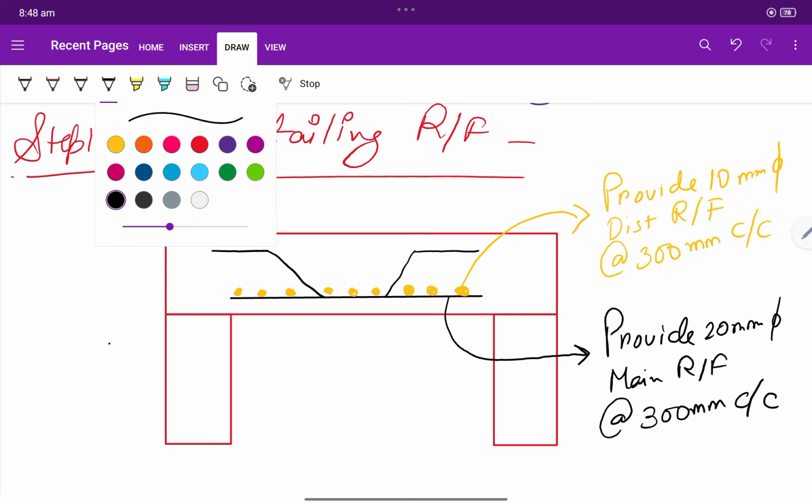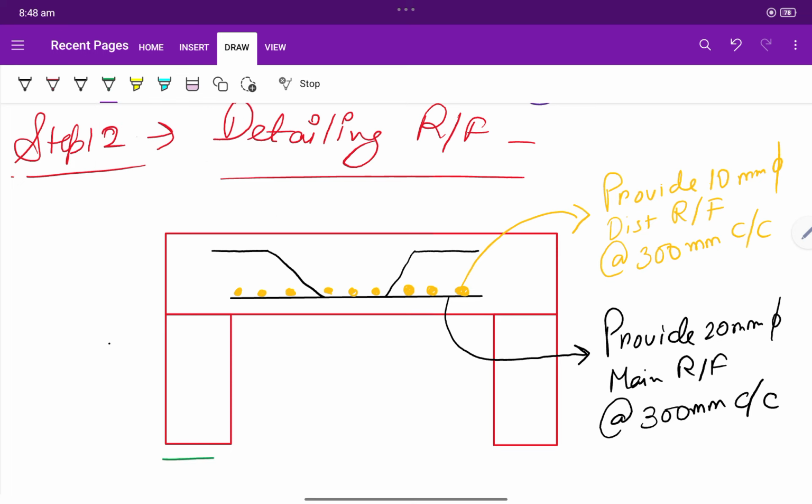And the given things you can write here also, that is this width is 230 mm and this clear span is 3 meter.